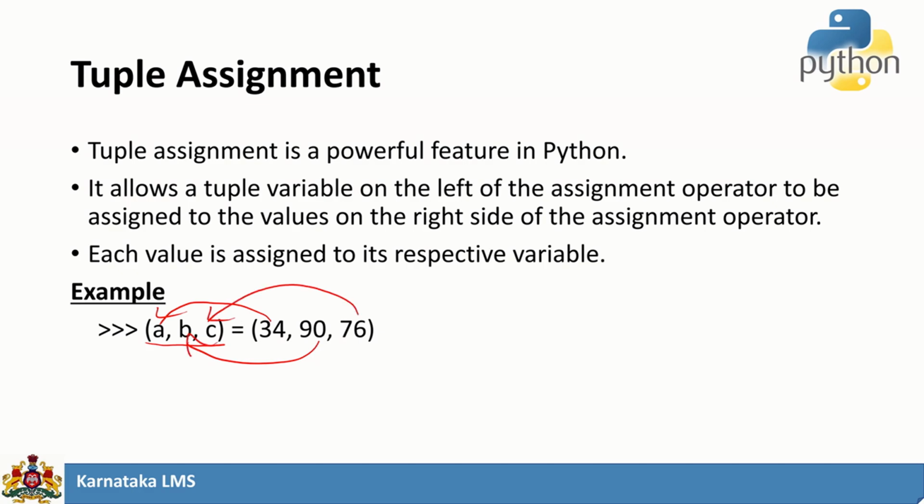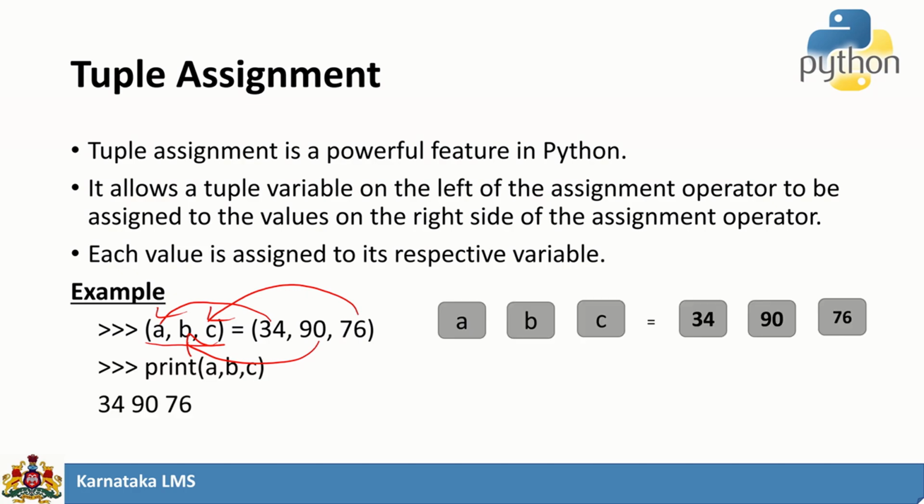Then within parentheses you can give a, b, c is equal to, within parentheses, 34 comma 90 comma 76. Now when you print the values of a, b, c, it will give you the values like this. We have created three variables a, b, c, and when you say a, b, c is equal to 34, 90 and 76, it will assign 34 to a, 90 to b and 76 to c.